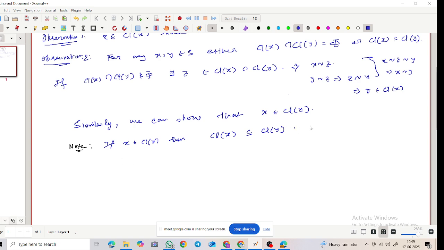Because take any w belongs to class x. Then x is related to w. But since x is in class y, you also have y related to x. Because of the transitivity, you have y related to w, that is w belongs to class y.